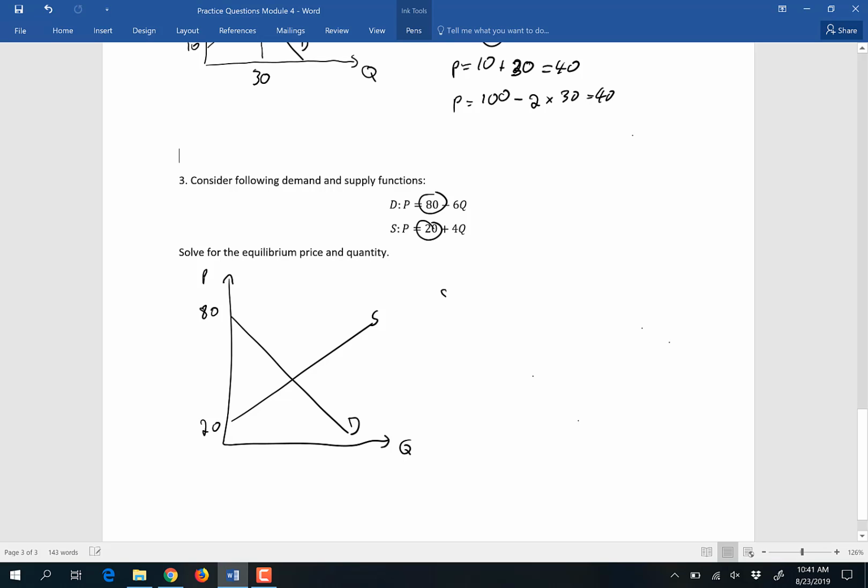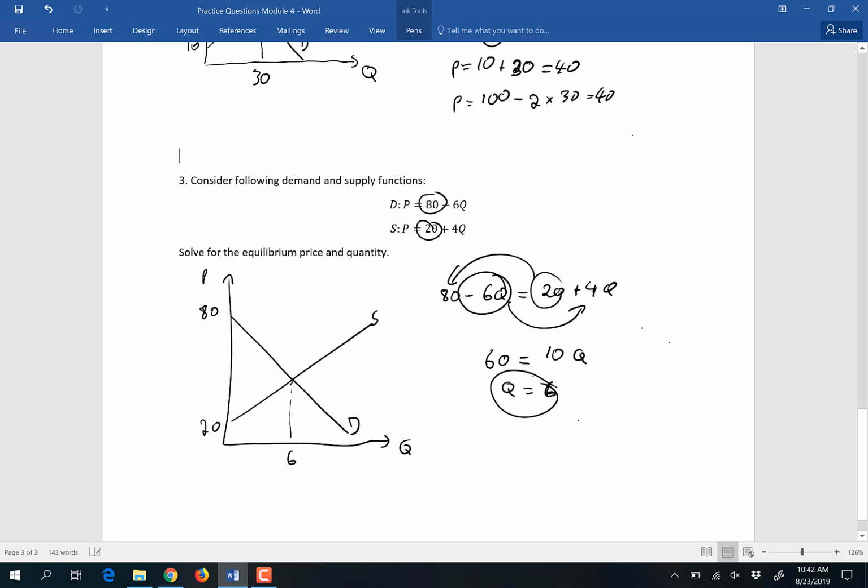To find the equilibrium, we do 80 minus 6q equals 20 plus 4q, and take this to the other side and the q to the other side, collect the q's, gives us 60 equals 10q, which means q must be equal to 6. So our quantity is 6.